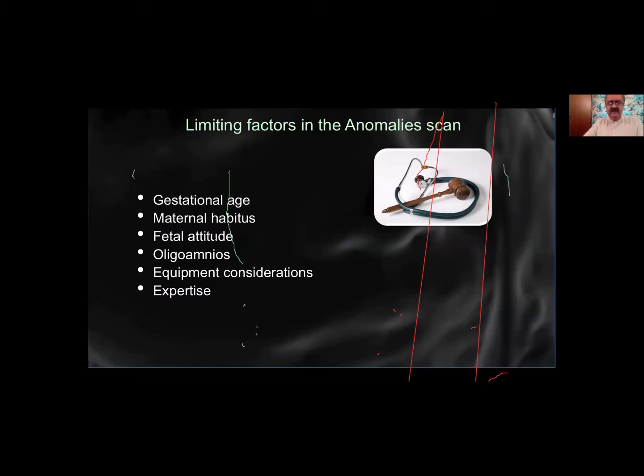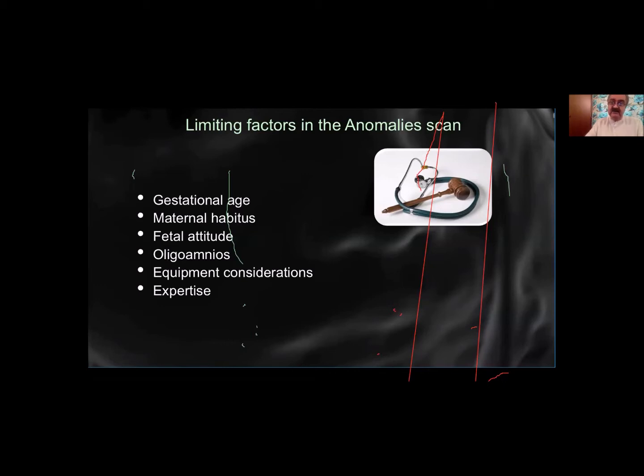Then, of course, fetal position, like we've already mentioned, and oligoamnios, which really is the biggest enemy. And sometimes we go to the extent of saying that, look, please mention in the report that there's oligoamnios, inadequate visualization, and could we please repeat this scan at a reasonable period of time, say 22 or 24 weeks.